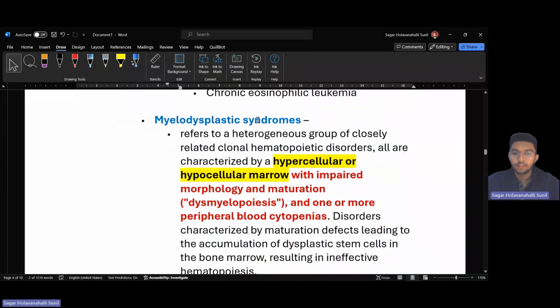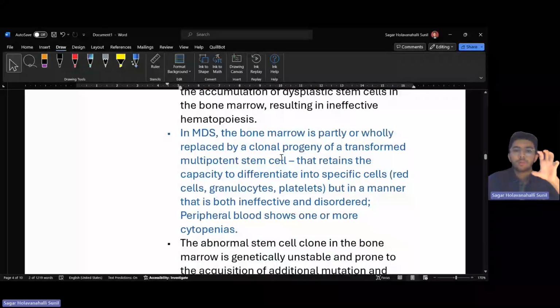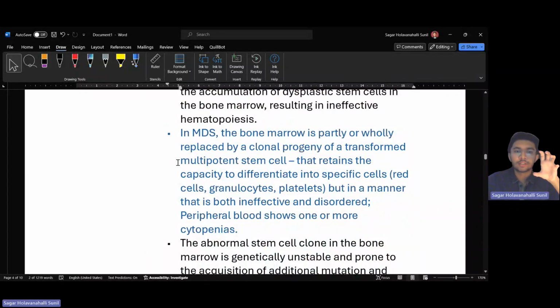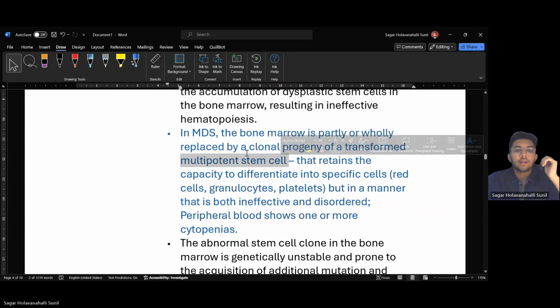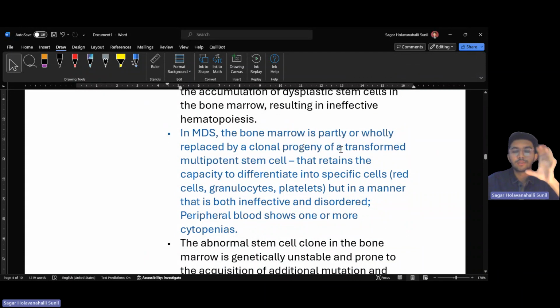In myelodysplastic syndromes, what's happening is that there is a multipotent stem cell, okay, and this is going to undergo some transformation, some dysregulation, and it's not going to be the healthy one. That will replicate, and that will form a clonal progeny, right?